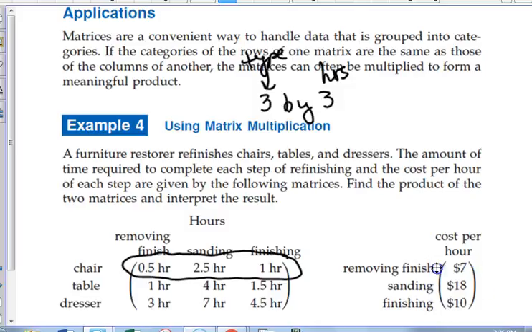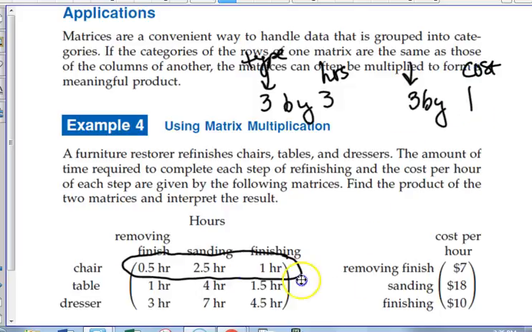This is what size over here? A 3 by 1, yes? Where the rows are the finishing products, what we do, and this is the cost per hour.